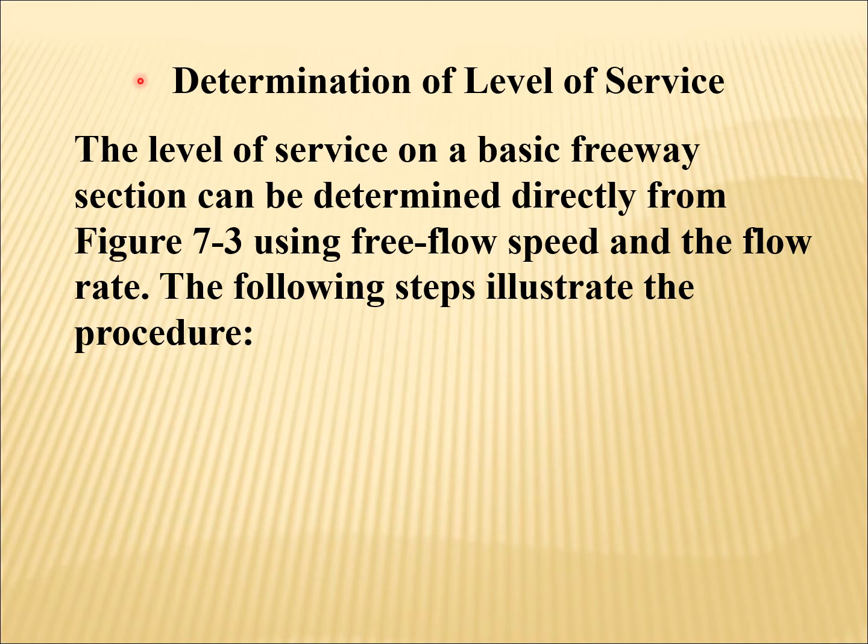Determination of level of service. The level of service on a basic freeway section can be determined directly from Figure 7-3 using free flow speed and the flow rate. The following steps illustrate the procedure.